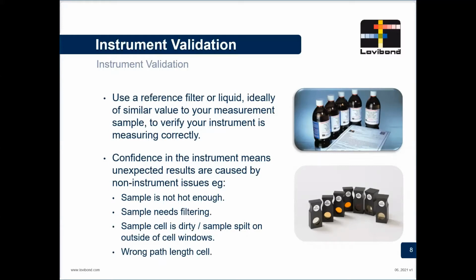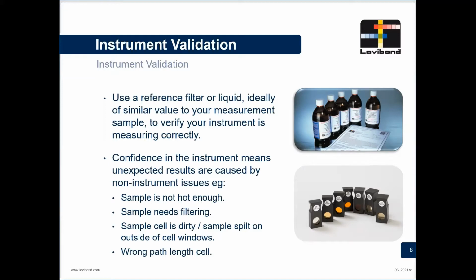By measuring some sort of validation sample that we have a certificate for, that gives us a value, we can put our reference liquid in a cell, put it in our instrument, or put our reference filter in the instrument, make a measurement, look at our results, and if our results match or are very close to our certificate value within the tolerances on the certificate, we can then have confidence that our instrument is performing well and is measuring well. So when we start to have problems, the issue is then not with the instrument, the issue is with something else.